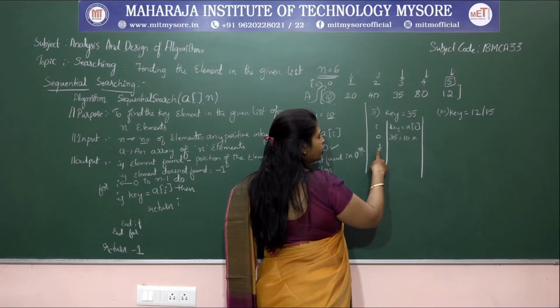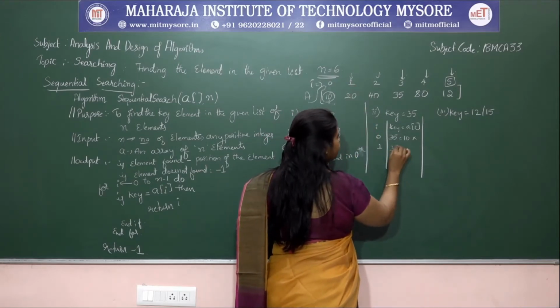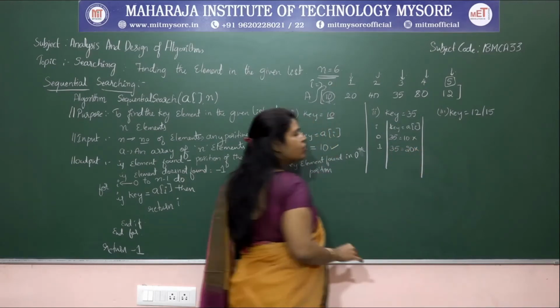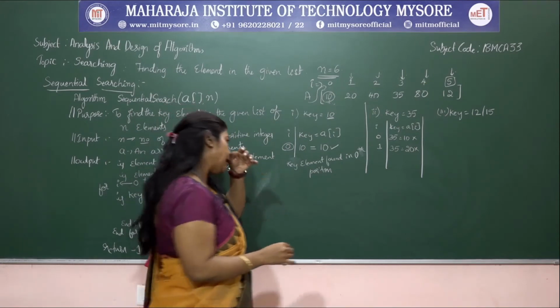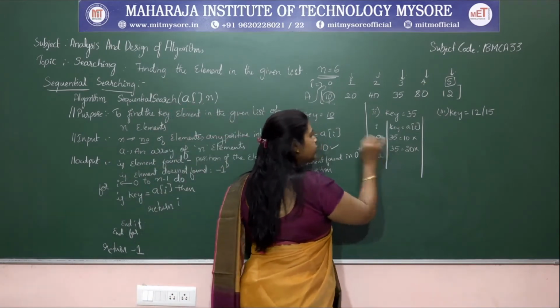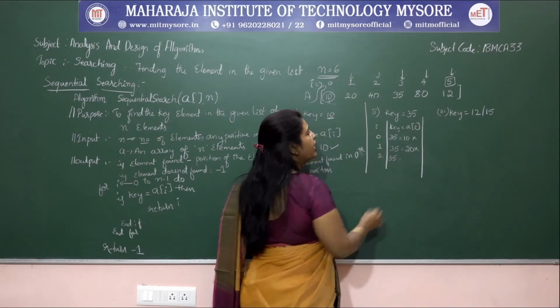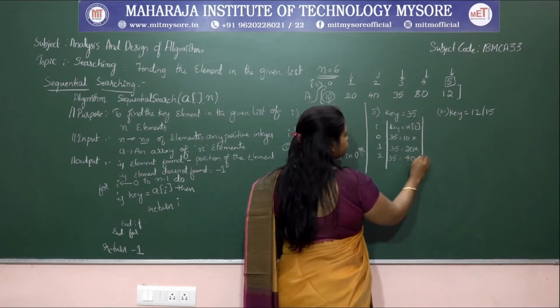When I is equal to 1, in the first position we have 20. The key element is 35. 35 is equal to 20. Again it is false. If it is false, again control comes back to the for loop. Again I gets incremented, I is 2. Your key element is 35, and in the second position we have 40.